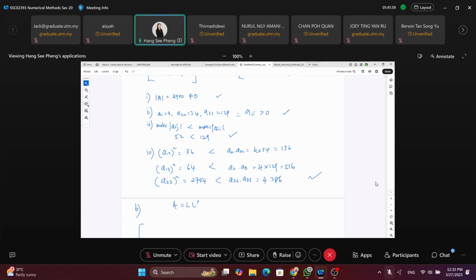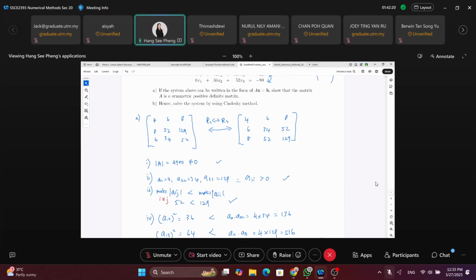This one actually I need to put in I not equal to J. Aij is the position of the values or the coefficients in the matrix. So it depends. I have a question here. Aij is a diagonal.